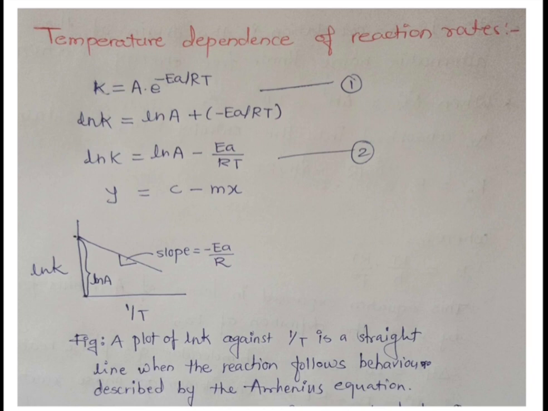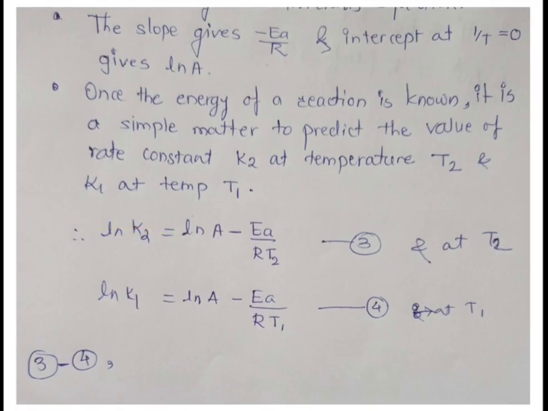Here ln k is the y-axis parameter and 1/T, the inverse of temperature, is on the x-axis. When 1/T is equal to 0, the intercept will be ln A and the slope is -Ea/R. Once the energy of activation of a reaction is known, it is a simple matter to predict the value of rate constants k2 at temperature T2 and k1 at temperature T1.